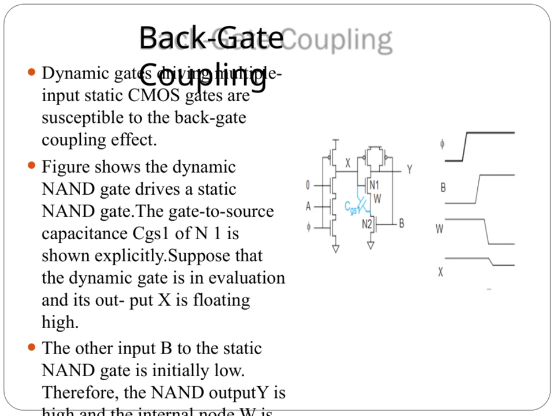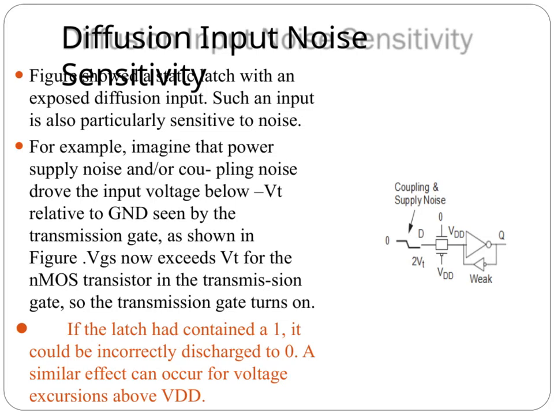Here, we're discussing diffusion input noise sensitivity in a static latch. The figure illustrates a static latch with the diffusion input exposed, which makes it particularly vulnerable to noise. Imagine power supply noise or coupling noise causing the input voltage to drop below the threshold voltage, relative to ground, at the transmission gate.